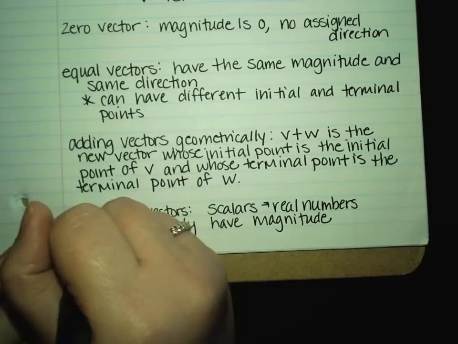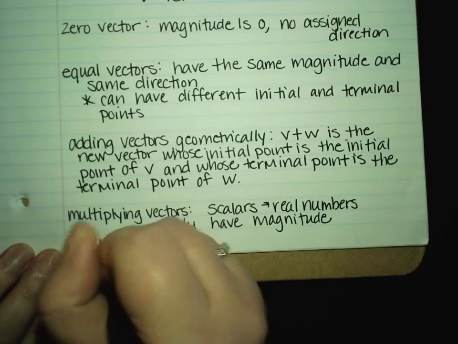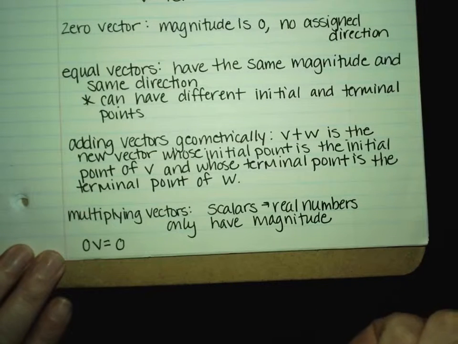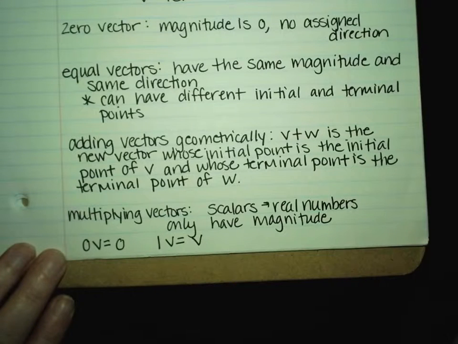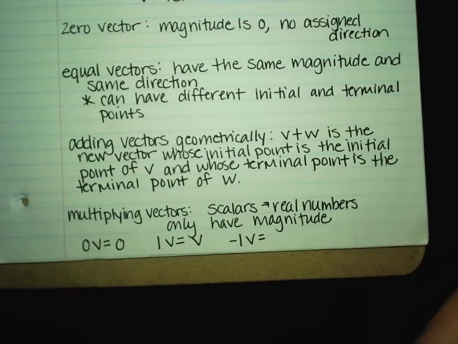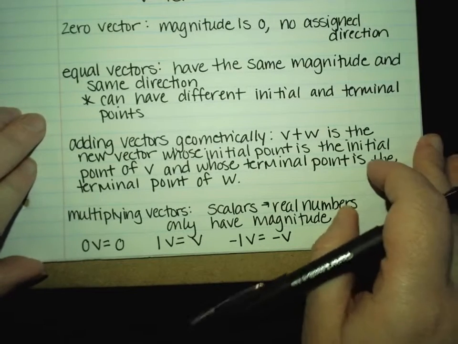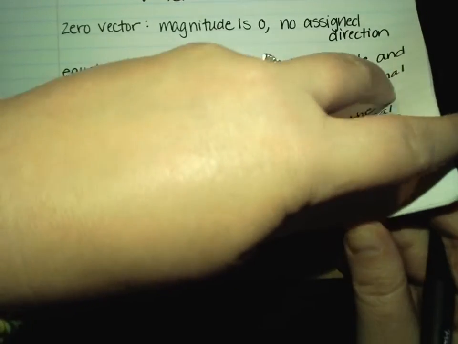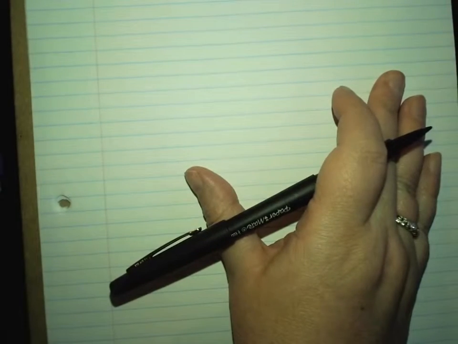So if we say 0 times our vector, we have 0, and negative 1 times the vector is the opposite of the vector, which again, we'll take a look at when we start graphing here in a moment. If you need to pause, go ahead and pause. Let's see where we're at.